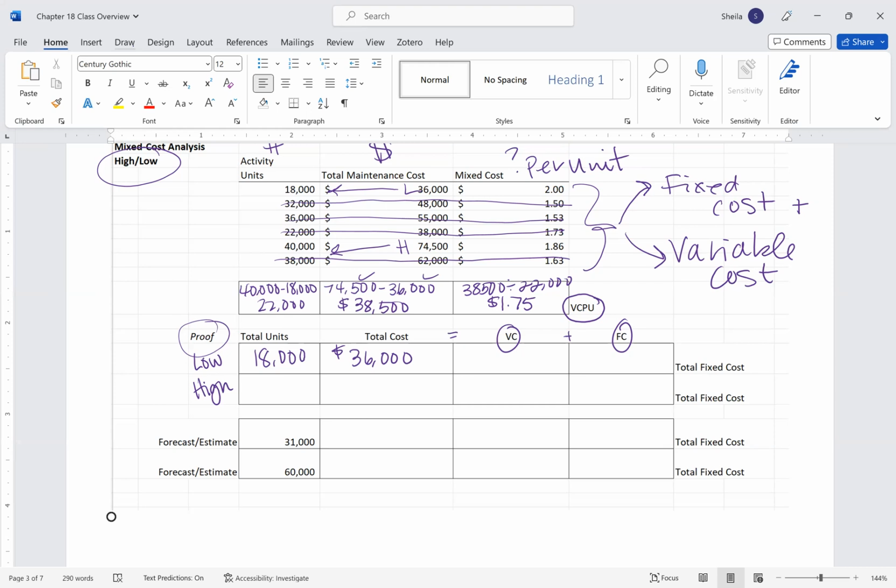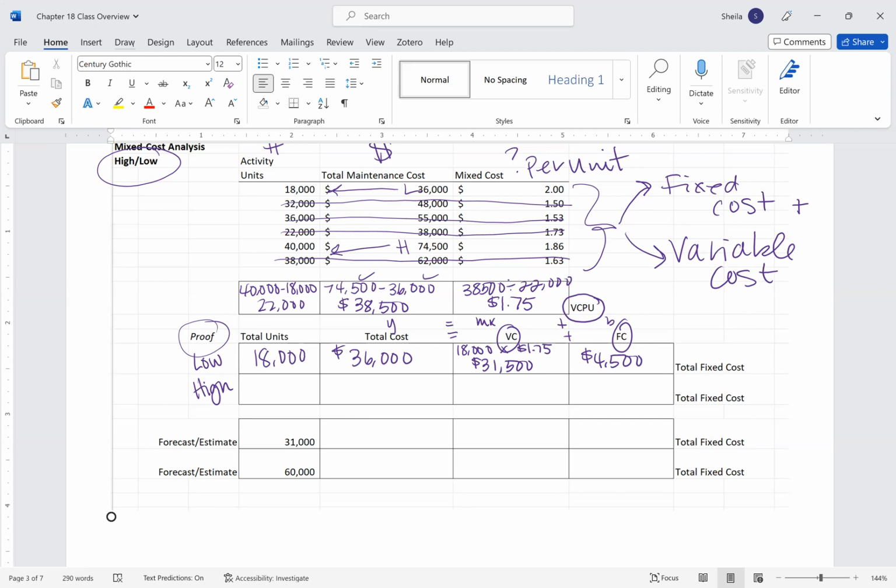So if I take my 18,000 units times $1.75, what I'm saying about this information is that my variable costs are 31,500, which if this is true, total cost, Y equals MX plus B. B is our fixed cost. So 36,000 minus 31,500 means our fixed costs have to be 4,500.